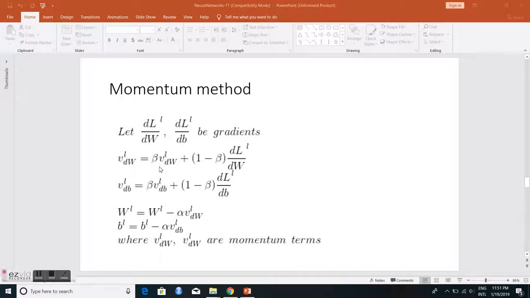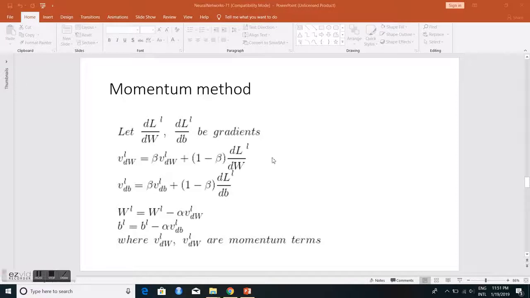The moving average of the gradient at any layer is the weighting factor beta times the previous value, plus 1 minus beta times the value at that particular point, that is dL/dW. Similarly, V_db is equal to beta V_db plus 1 minus beta dL/db.